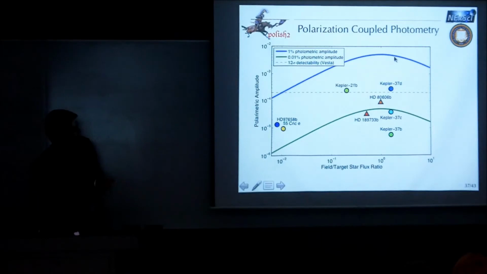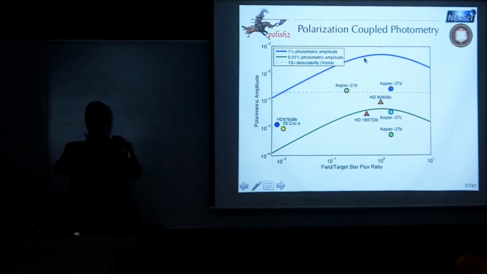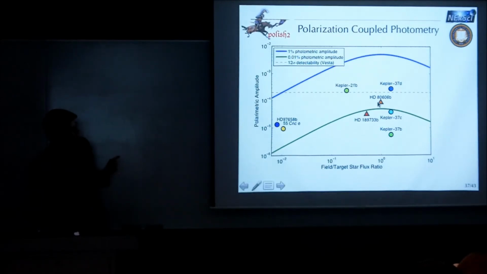So if you have a planet that transits with a 1% amplitude in photometry, so it's a Jupiter mass planet, in polarimetry you'll see a 0.5% if you have the same number of photons in the aggregate of the field versus the host star, the exoplanet host. So if you have a brighter exoplanet host star than the other stars in the field, this technique should work.